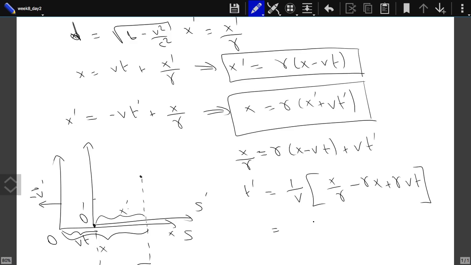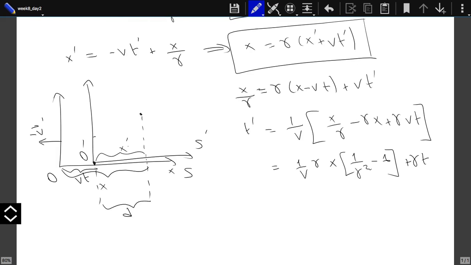This is equal to, let's say, 1 over v times gamma x times (1 over gamma squared minus 1) plus gamma t. Well, 1 over gamma squared is just 1 minus v squared over c squared, minus 1, plus gamma t.